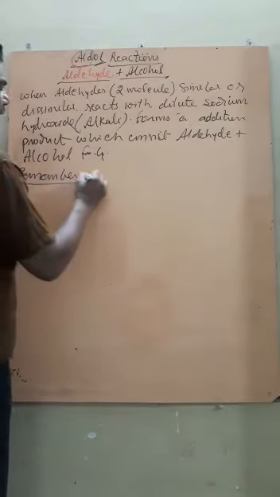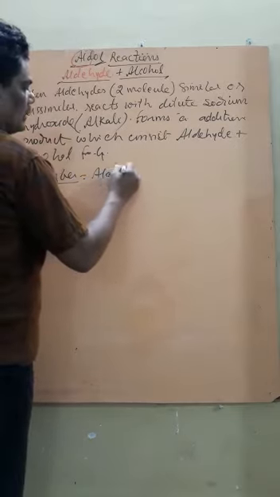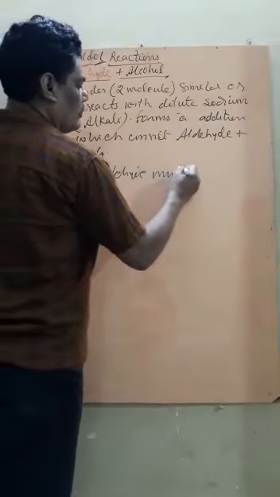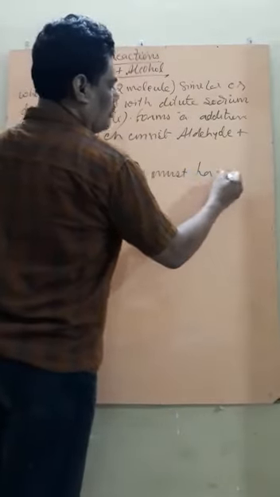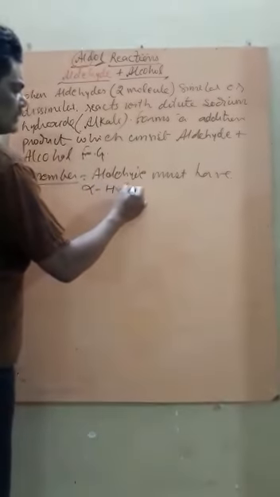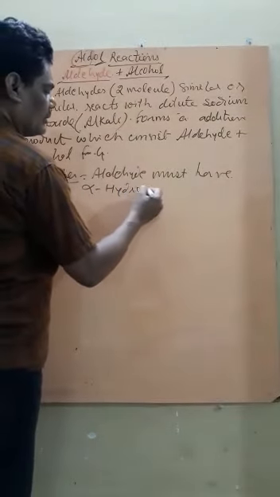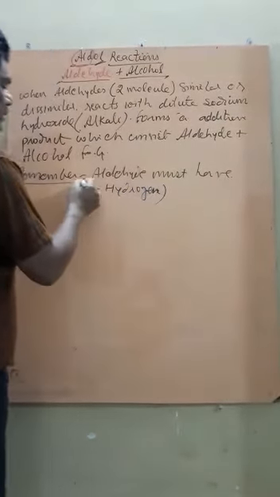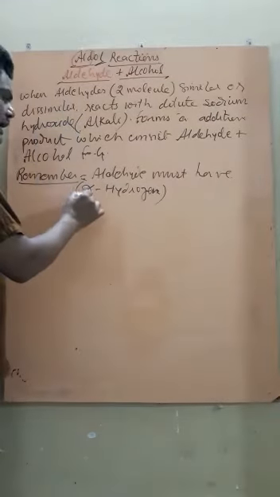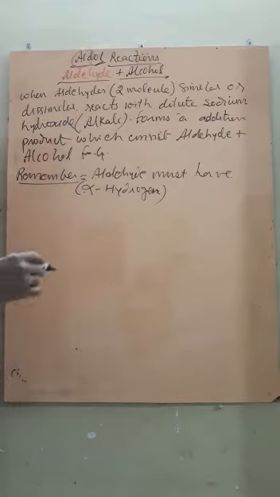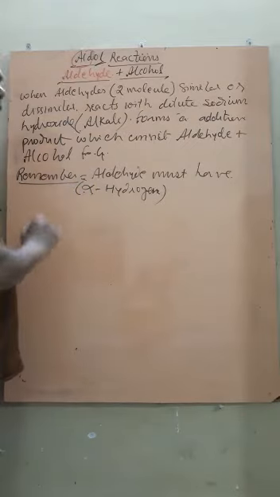Remember, aldehyde must have alpha hydrogen. This is the most important thing. What? It must have alpha hydrogen. That is, only those aldehydes give this reaction which consist of alpha hydrogen. I will explain how it is possible.